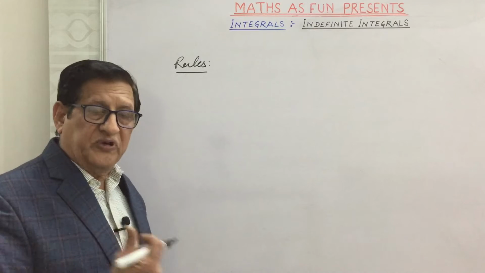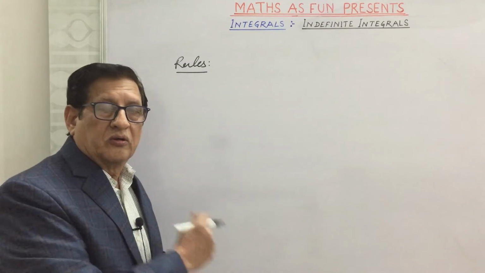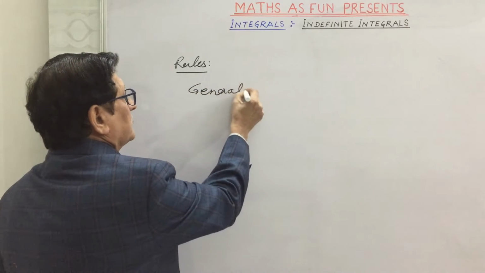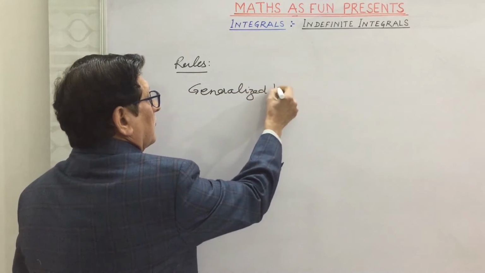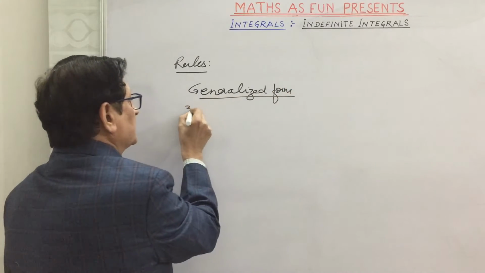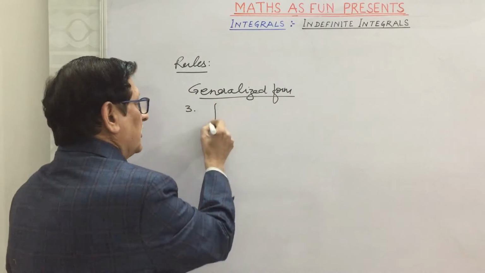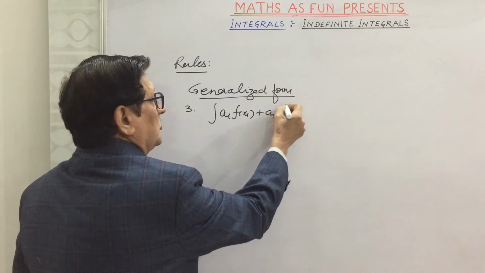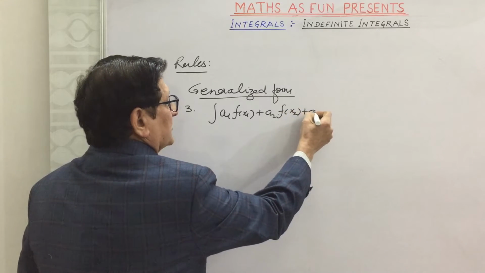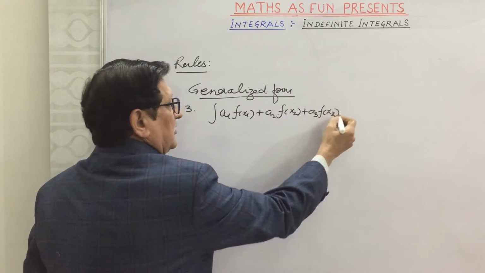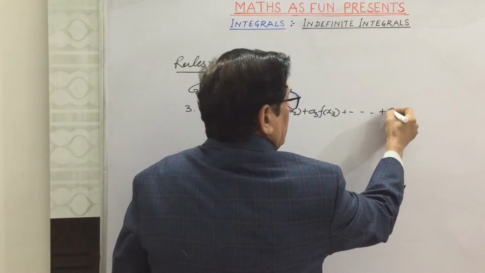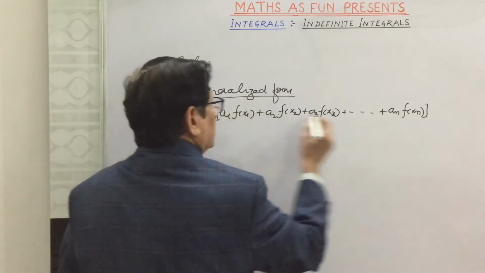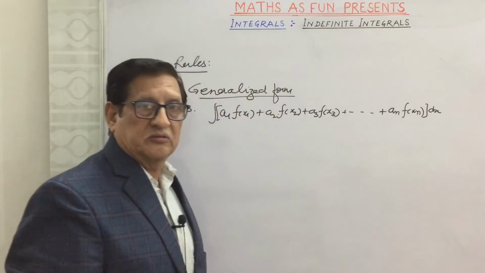If we generalize the two rules, then we can write generalized form, and we can write this as third rule, that is integration of a1 f1(x) plus a2 f2(x) plus a3 f3(x) plus so on an fn(x). We want to integrate this function with respect to x.